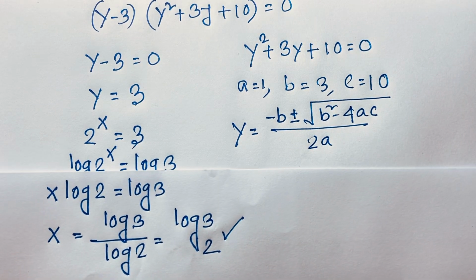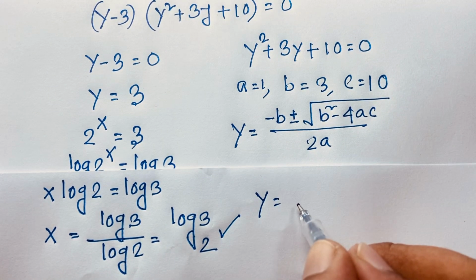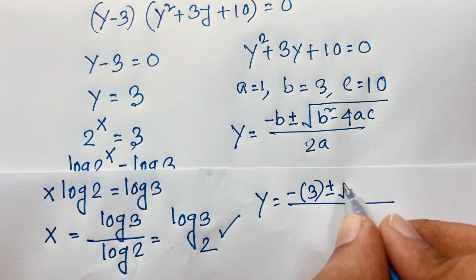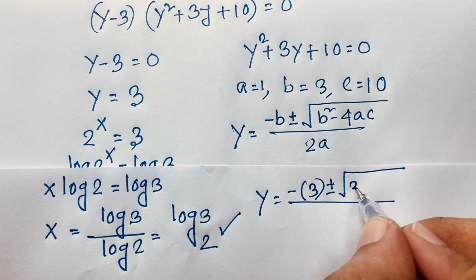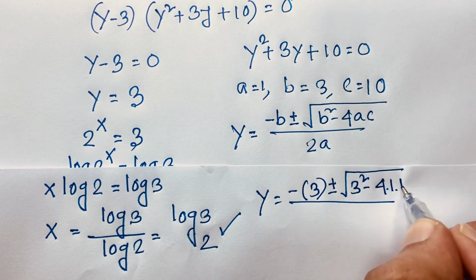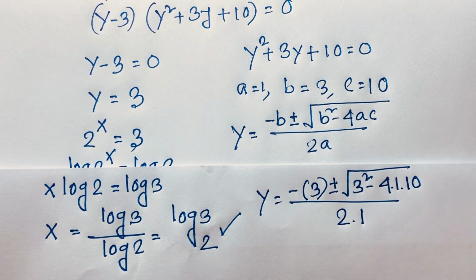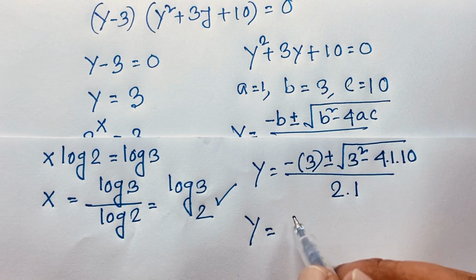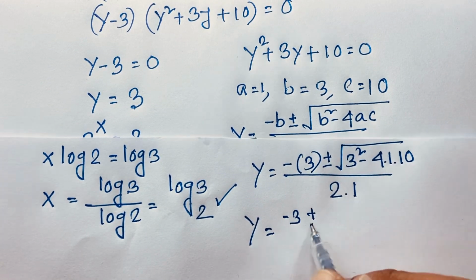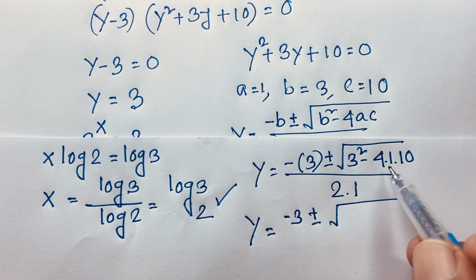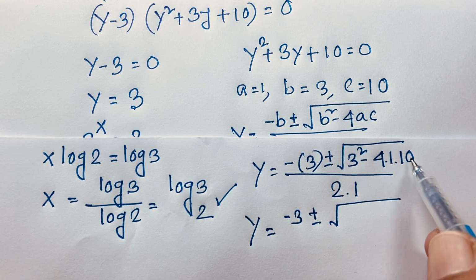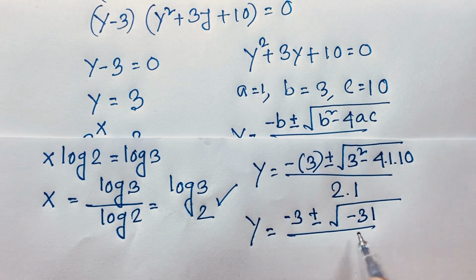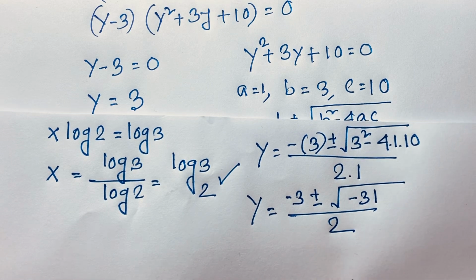Then you can see that y will be minus 3 plus minus square root 3 square minus 4ac, a is 1, c is 10, over 2a, a is 1. Now y will be minus 3 plus minus square root, 4 times 10 is 40, 9 minus 40 is minus 31, over 2 times 1, which is 2. So we find out here is a complex solution.